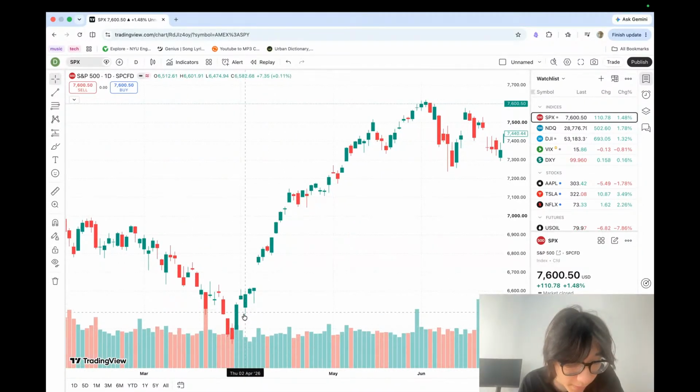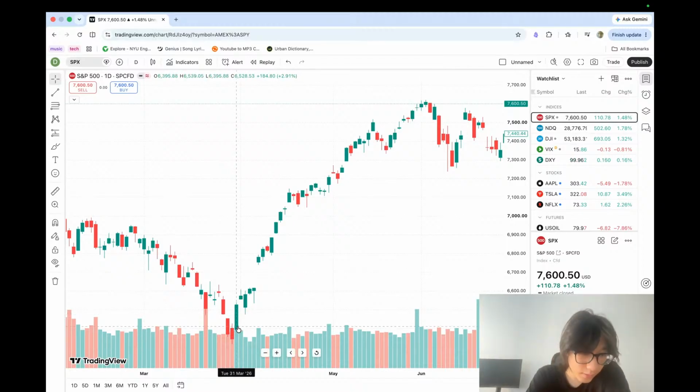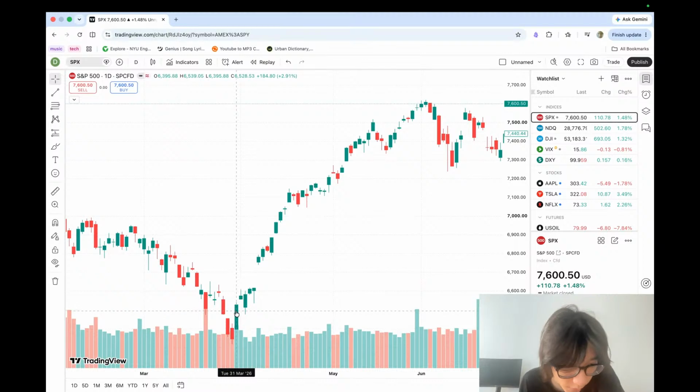They got a big candle over there, with a little bit of bullish wicks, no bearish wicks, only bullish wicks.